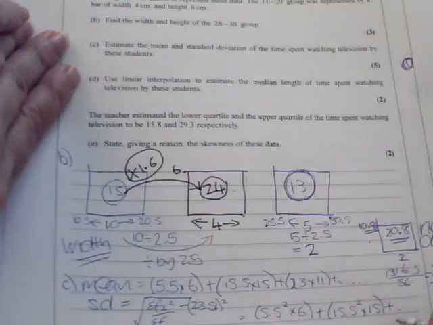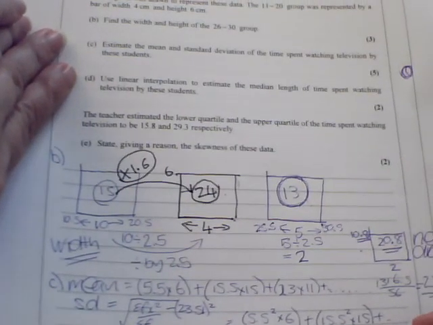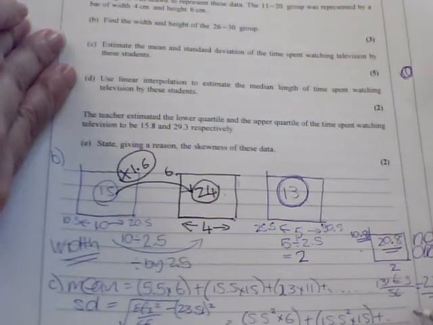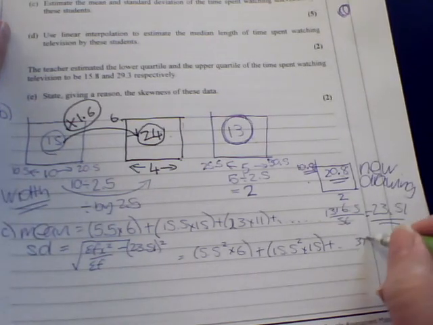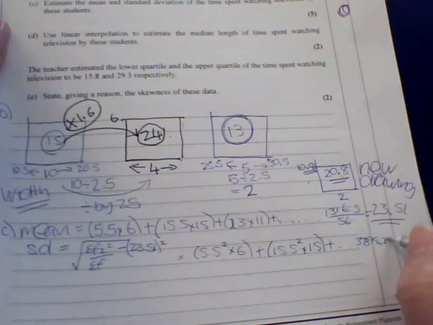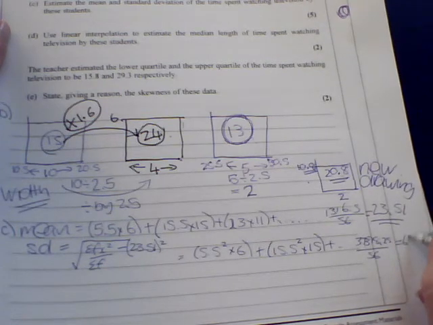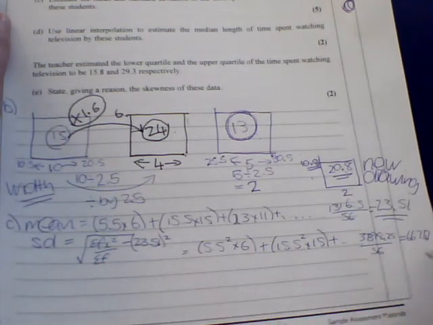And that came out at 37378.25 divided by 56, which equaled 667.47 approximately, and then we've got to square root that, don't forget.